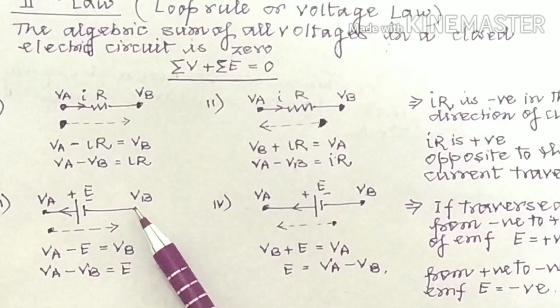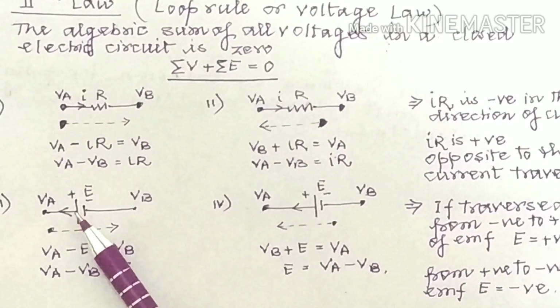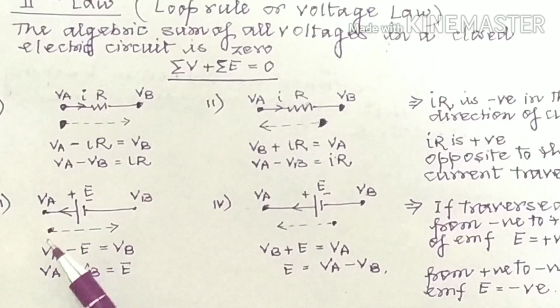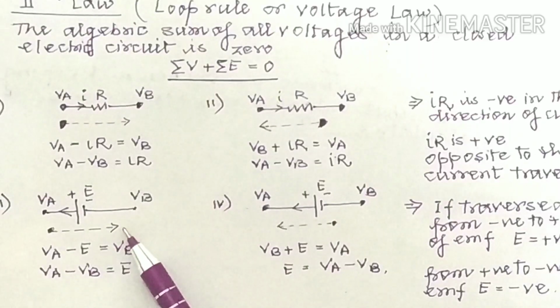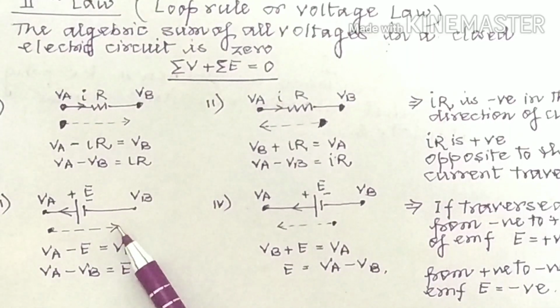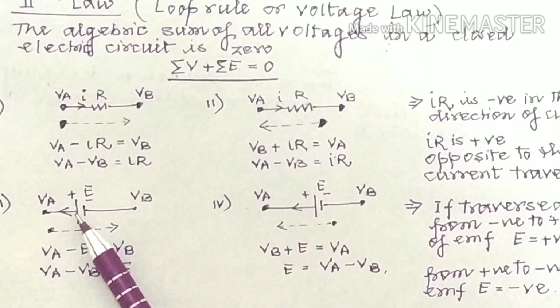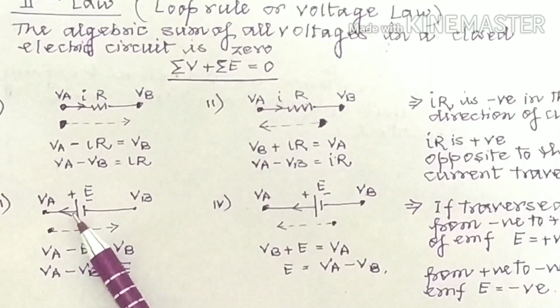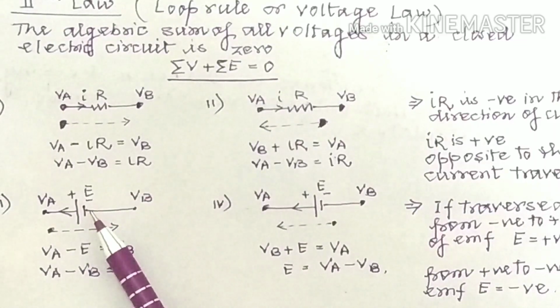VA and VB are the potentials. A cell is connected and current flows like this. Now you are moving opposite to the direction of the current. Here you are moving from the positive end to the negative end, so EMF decreases.